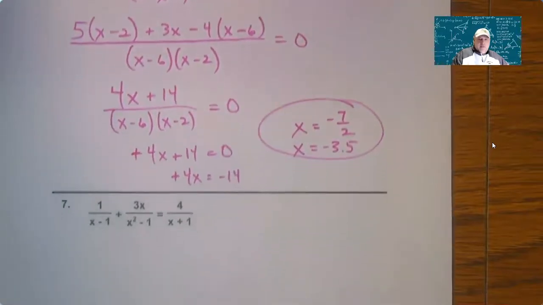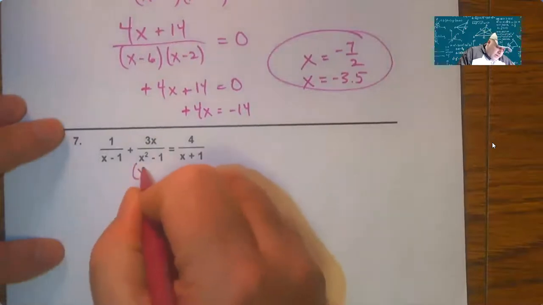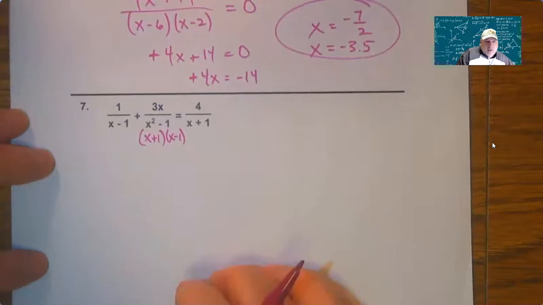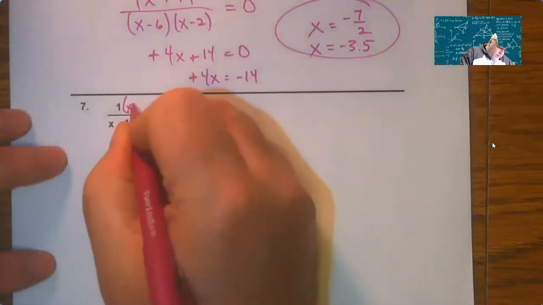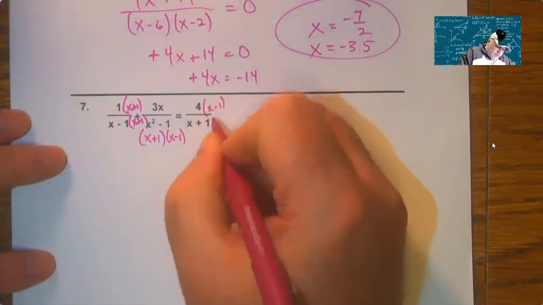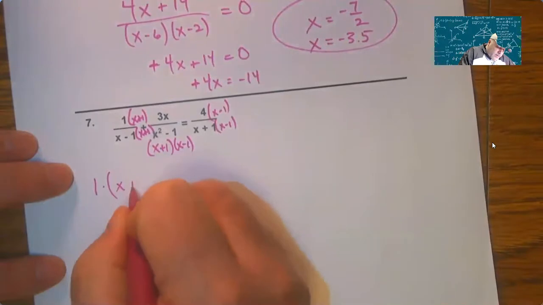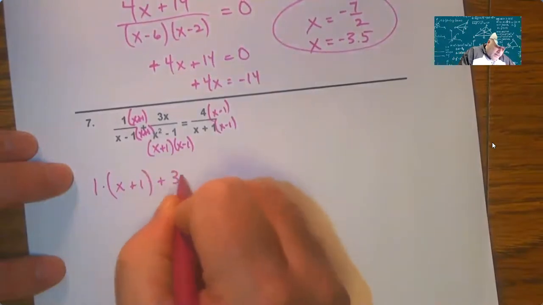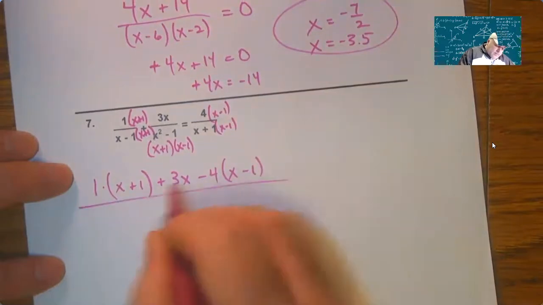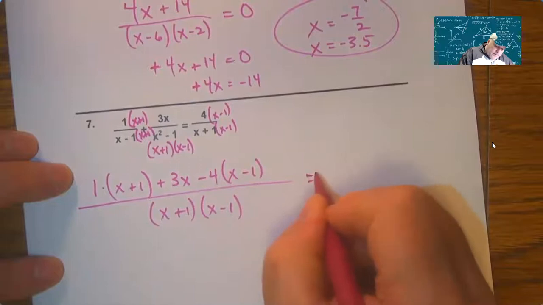Okay, problem 7. Whenever you see a quadratic in the bottom, you got to factor it. So this guy's missing the x plus 1 on top and bottom. This guy's missing the x minus 1 on top and bottom. So 1 times x plus 1 plus 3x, that one's not missing any, and then subtract the 4 over, equals 0.